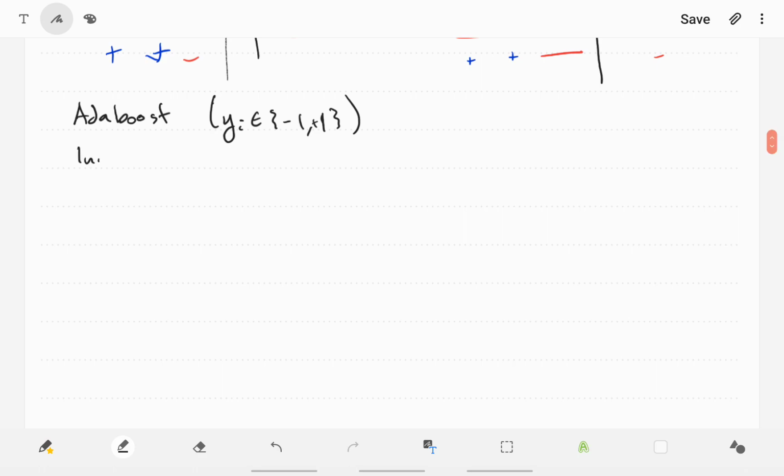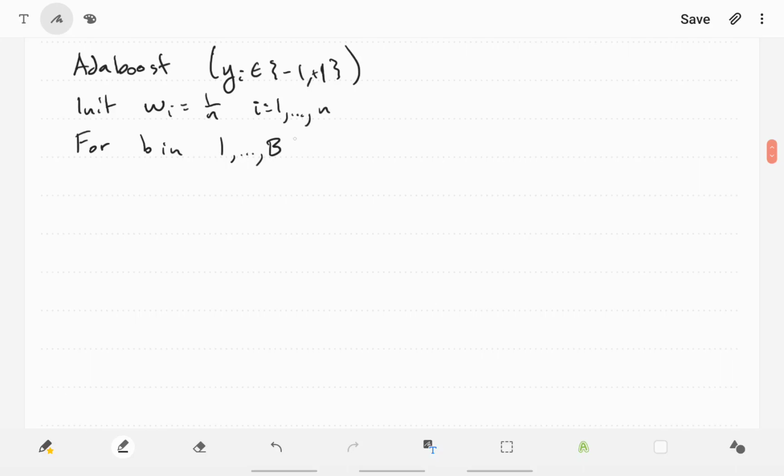So let's initialize some weights, w_i being 1 over n. These are the individual point weights, i going from 1 up to n. Right? And now for little b in 1 up to big B, we're going to do the following.